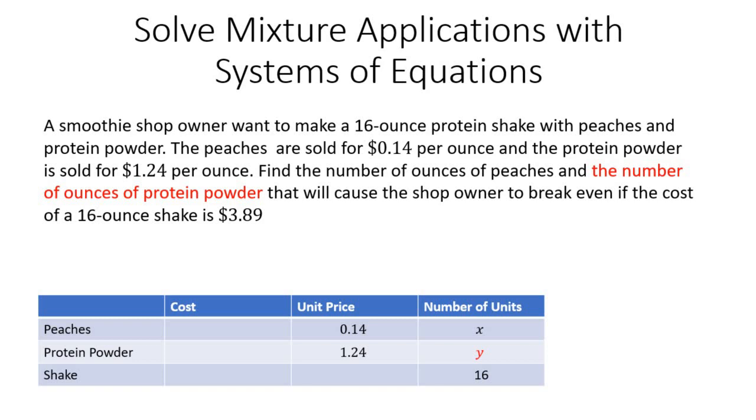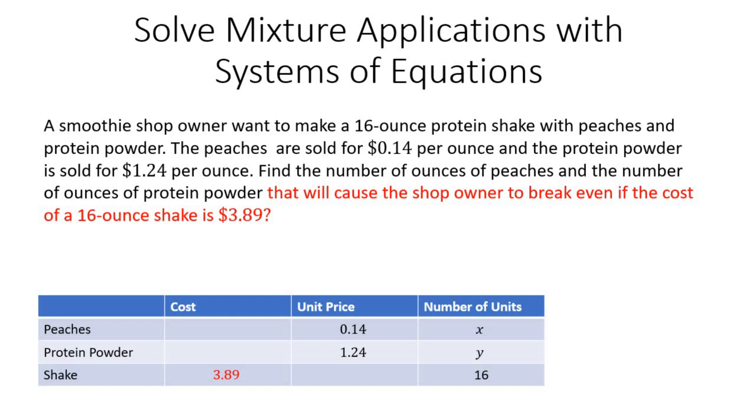All right. So next, I'm going to look at the cost for each of these things. One cost that they've given me is the cost of the shake. The cost of the shake is $3.89. So I can put that for the cost column in the shake row. And now I'm going to fill out everything else.